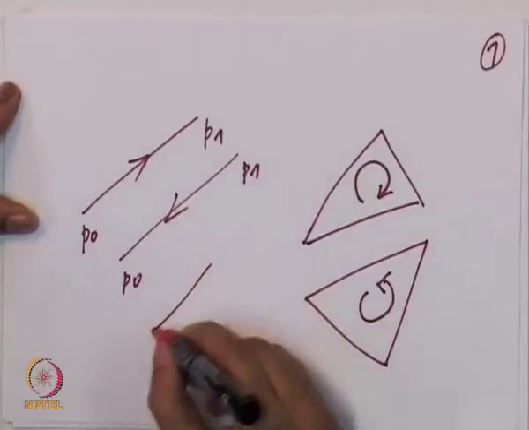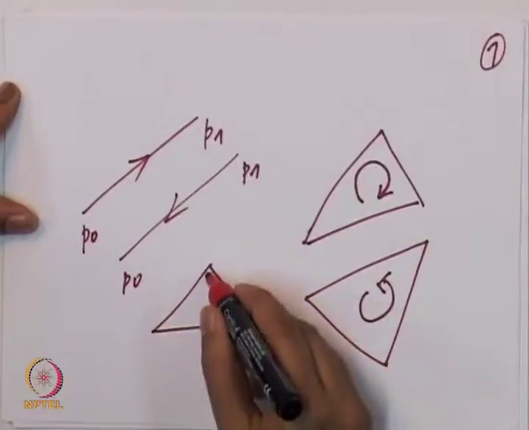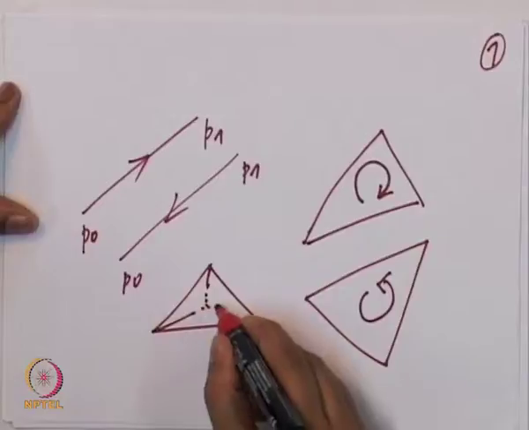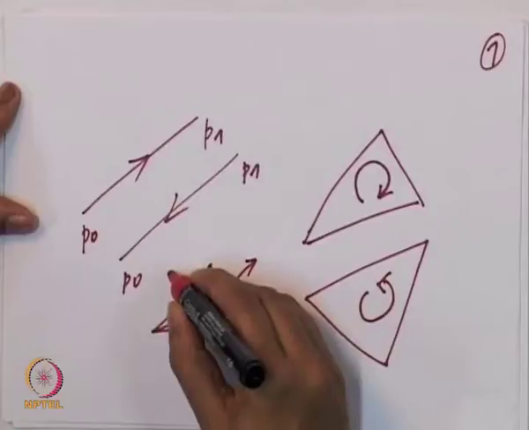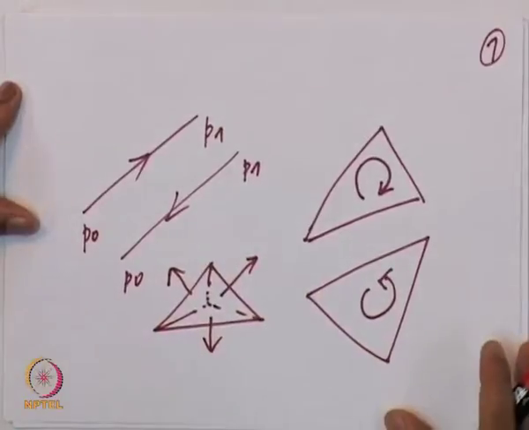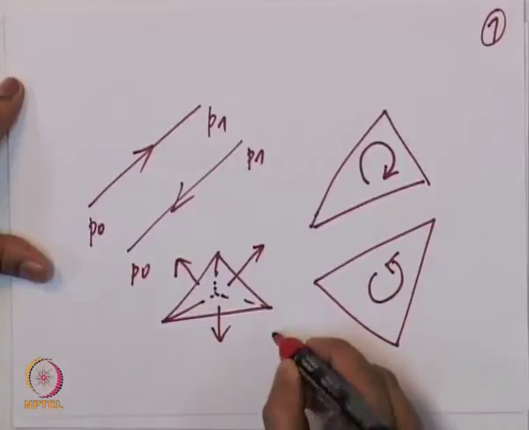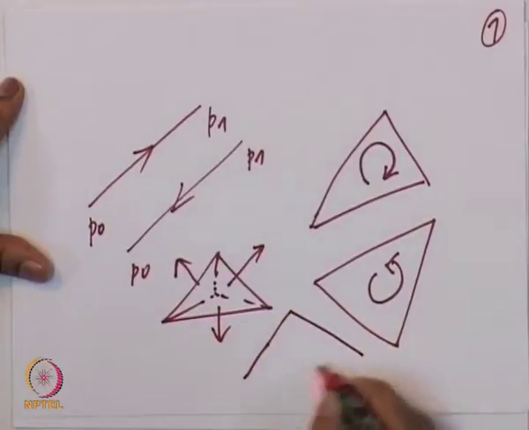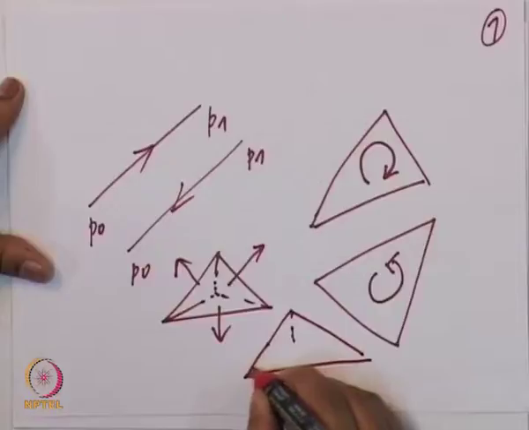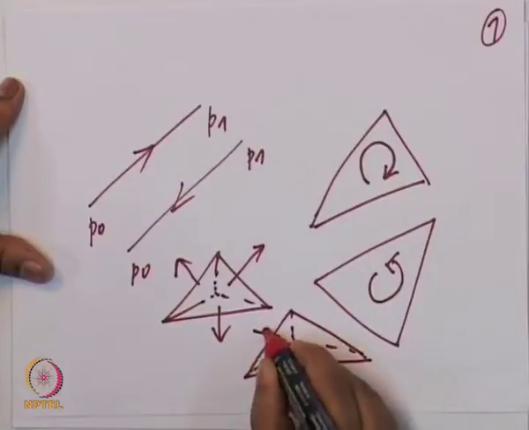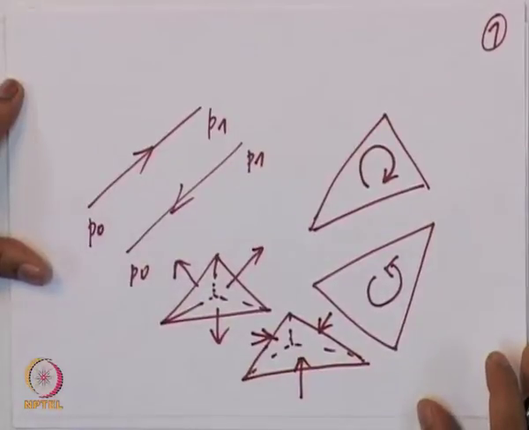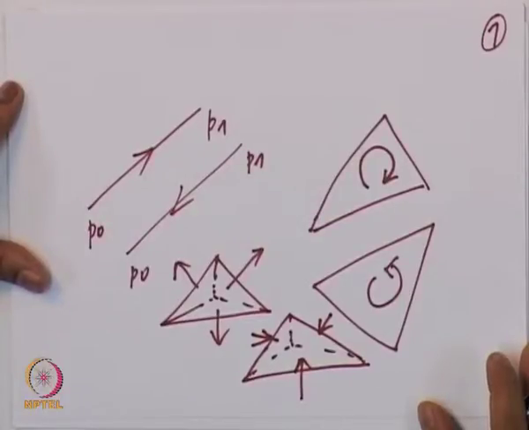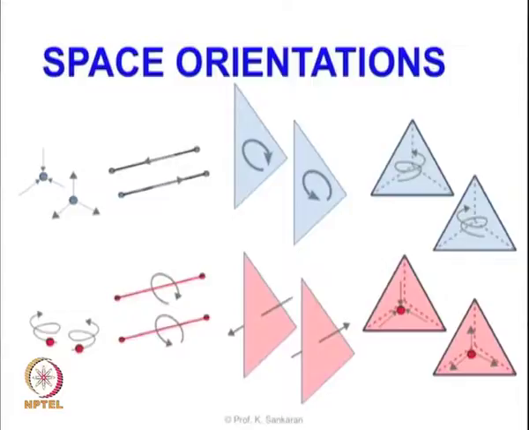The same way, we can talk about a volume. Let's say this is a tetrahedron. I can talk about outward pointing normals. Likewise, I can talk about the other side, which is the inward pointing normal. So this is the way we define orientations mostly in the literature.